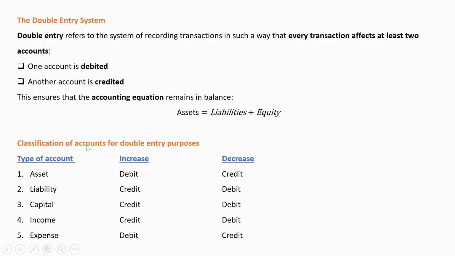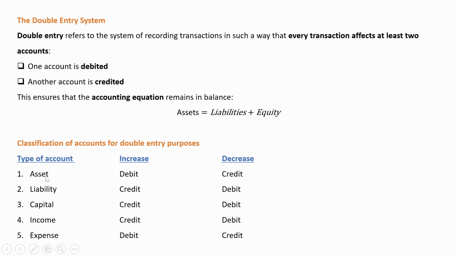This is the classification of accounts for double entry purposes. All accounts can be classified into 5 types. In other words, all transactions involved in a business must affect one or more of these types of accounts.